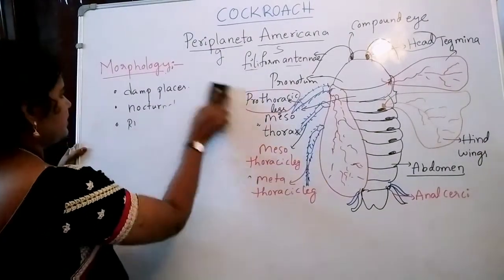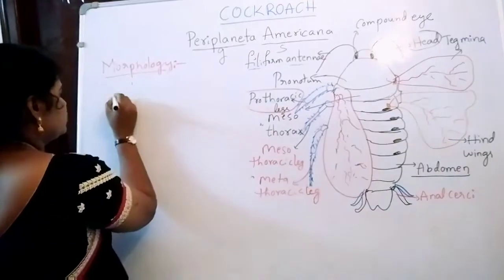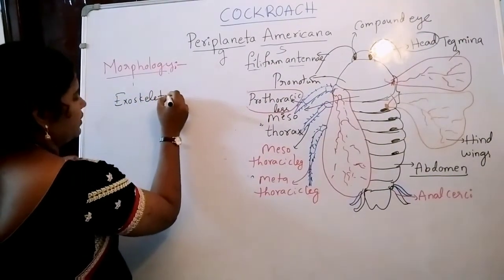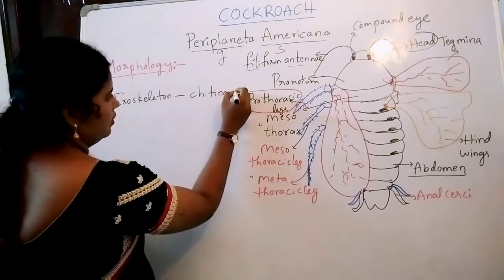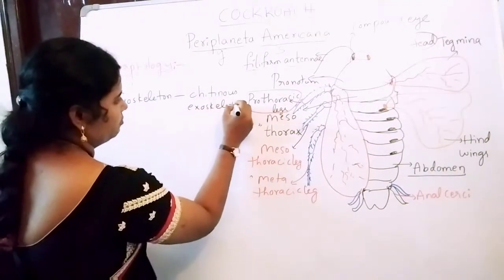Now we'll see the other morphological characters like the exoskeleton. The body is covered by the chitinous exoskeleton. Chitinous exoskeleton means it is made up of chitin.